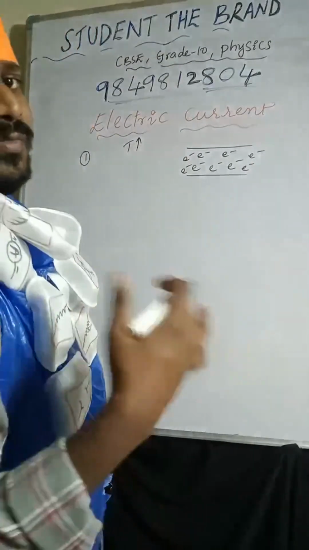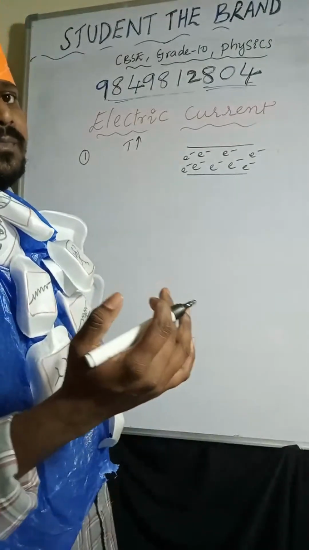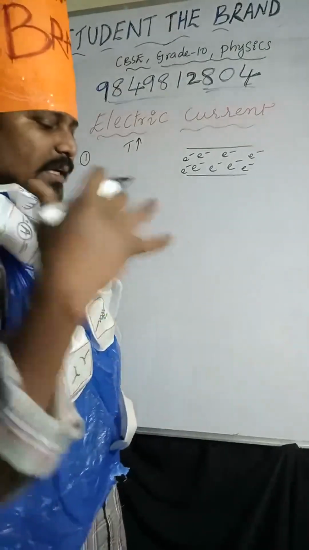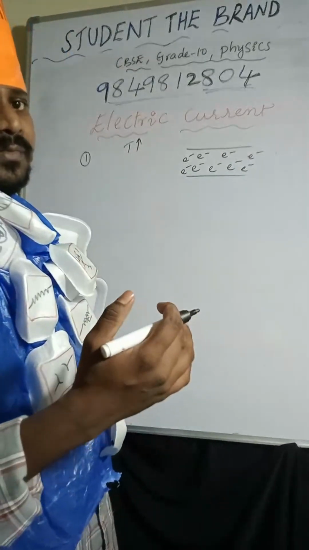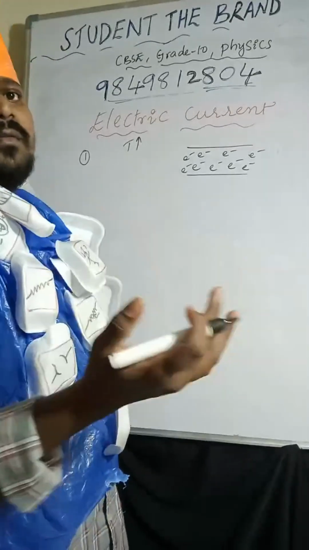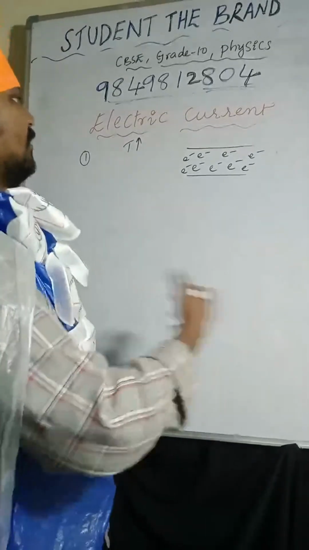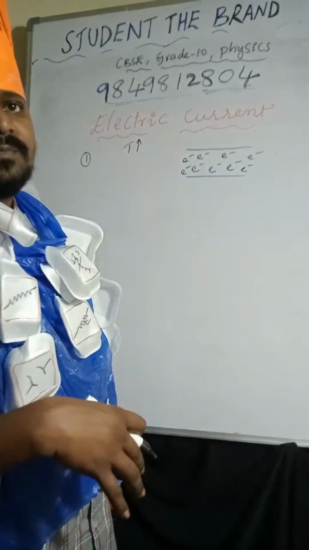Electrons will move with a greater amplitude, with more frequency. So the electrons will move with more velocity in the conductor.